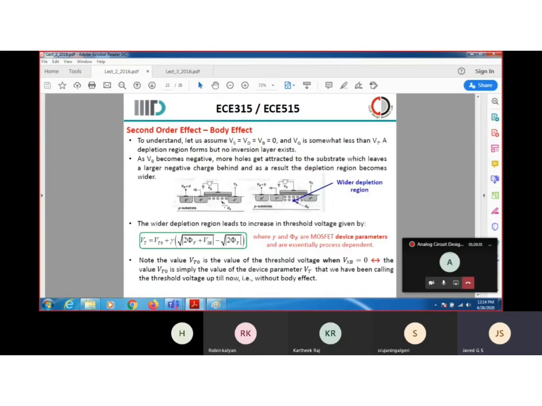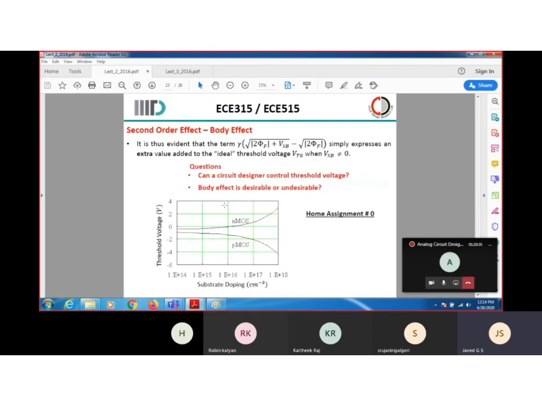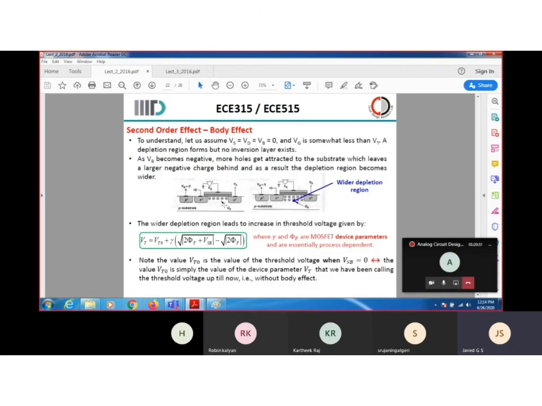For this particular equation in green, if you partially differentiate with respect to VSB, delta Vt over delta VSB is equal to, so Vt naught is not there, so that will not be responsible, plus gamma is there, so gamma will constantly be there, times the partial derivative of the expression in the bracket, square root of 2 phi f plus VSB.